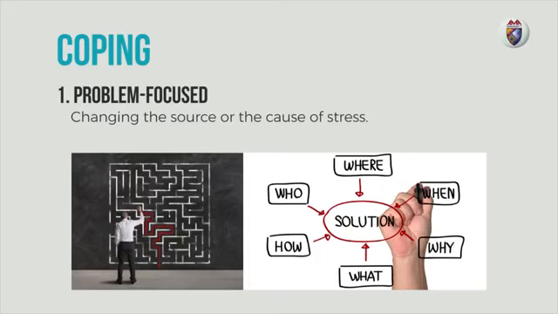Problem-focused coping uses the mind's ability to figure out solutions to problems. The most basic problem-focused coping is the activities that you do in school. In order for you to pass a particular subject, what do you do? Do you study or you just sleep it off?